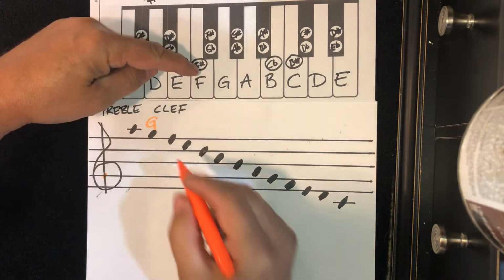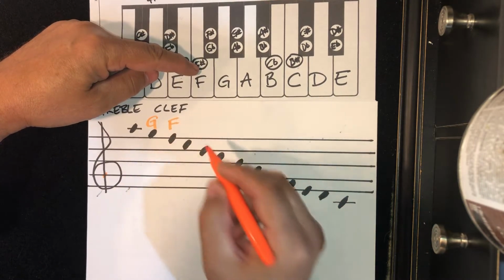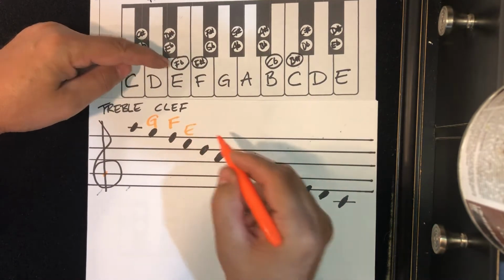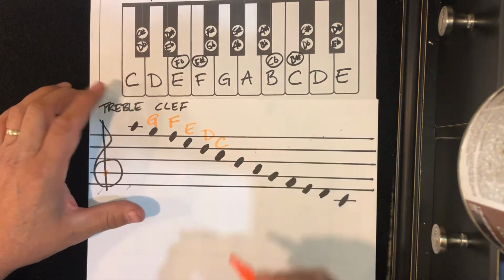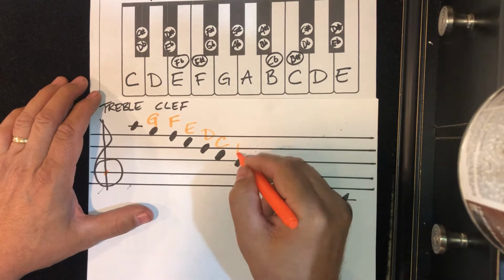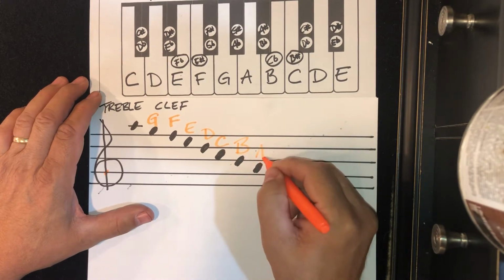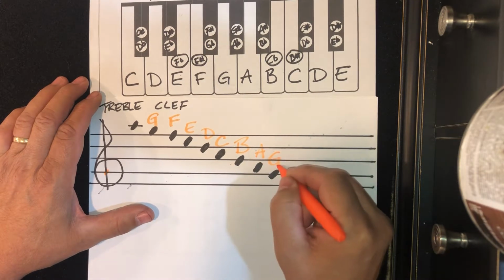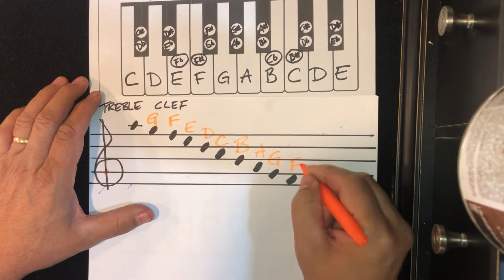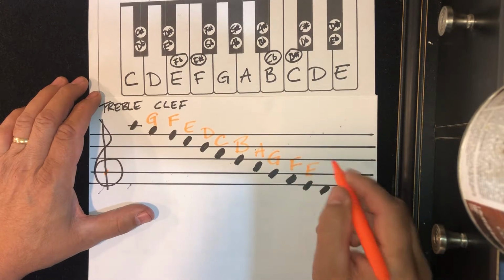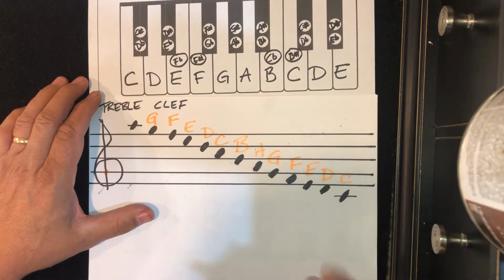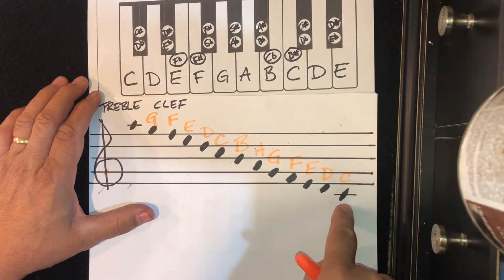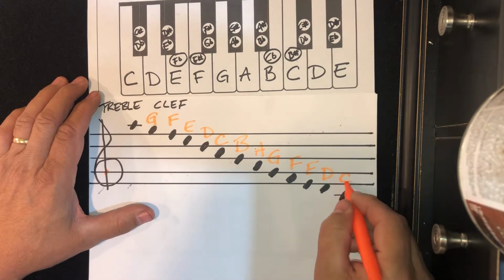Right below G, F, E, D, C, B, A, G, F, E, D, and then on the ledger line here below the staff is C.